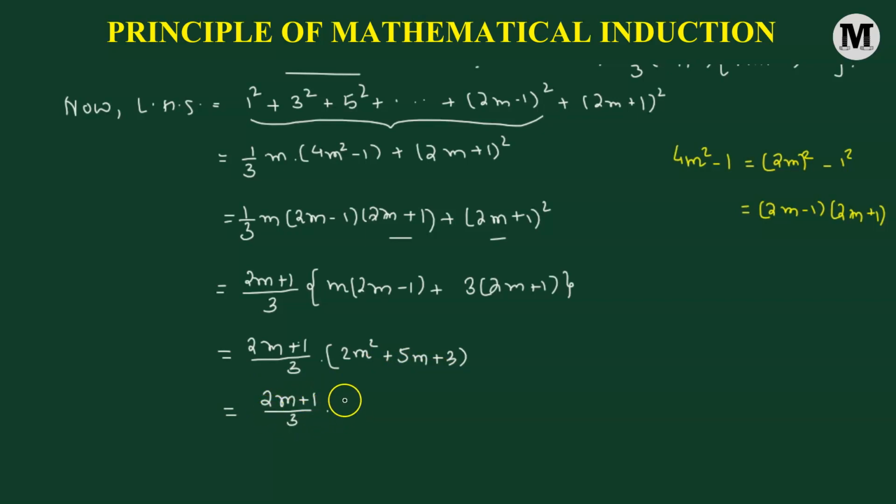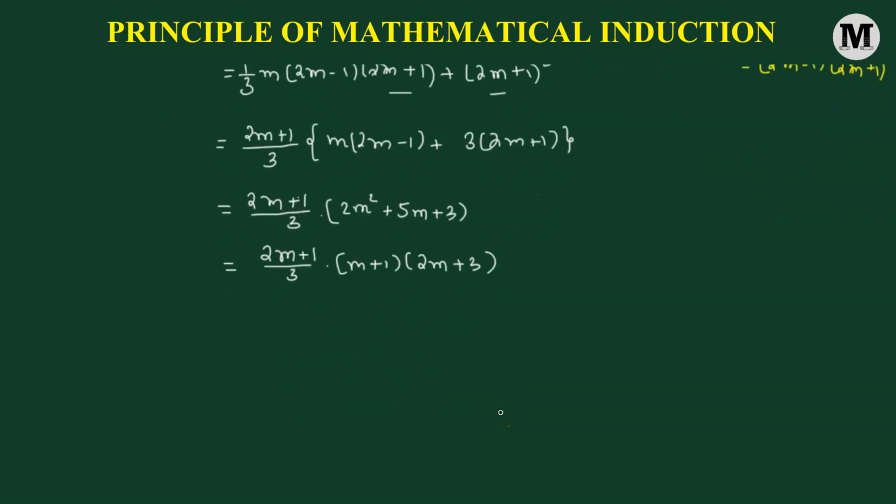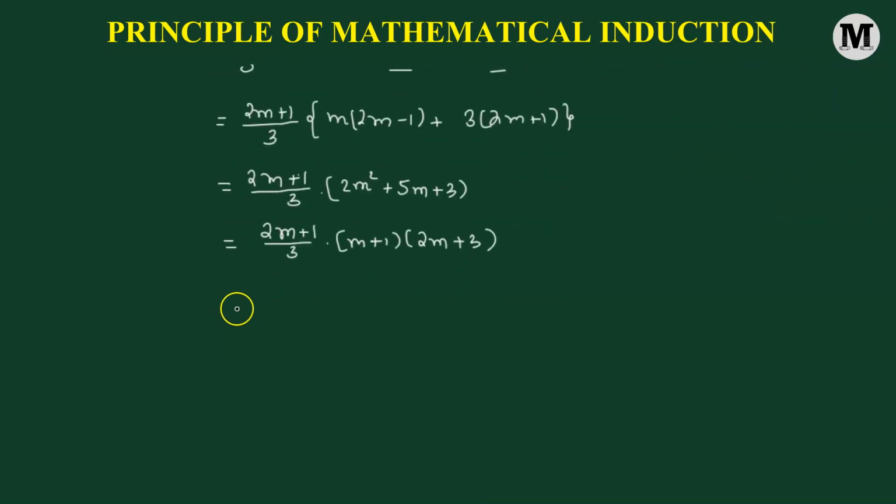The factors are going to be (m plus 1) multiplied by (2m plus 3). We will keep (m plus 1) over 3 intact. Now (2m plus 1) multiplied by (2m plus 3), we're going to multiply both of them, and that's going to give us 4 times m squared plus 8m plus 3.